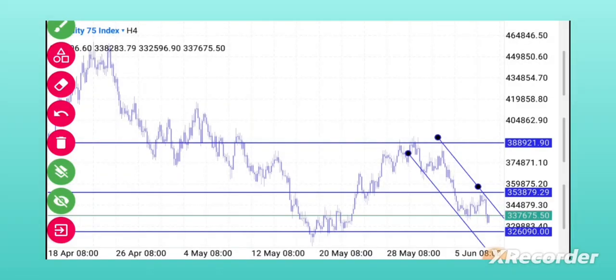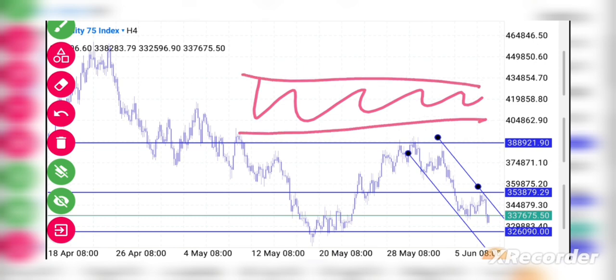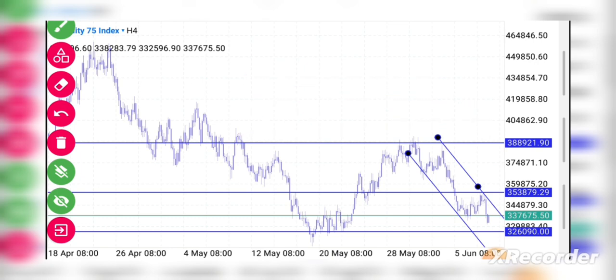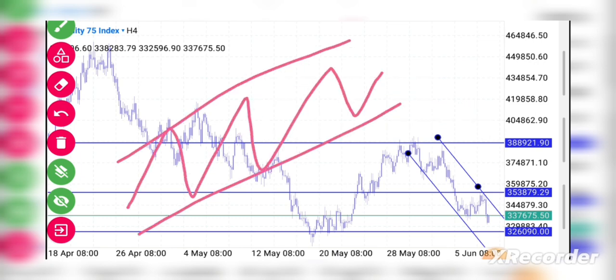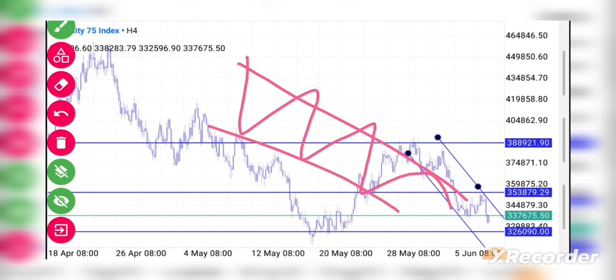Right, we are on the chart right now. Everyone knows that the market has three trends which it always moves in. We have equal lows and equal highs, which we call a consolidation or a sideways trend. Then we have higher highs and higher lows, which we call an uptrend, and lower lows and lower highs, which we call a downtrend.